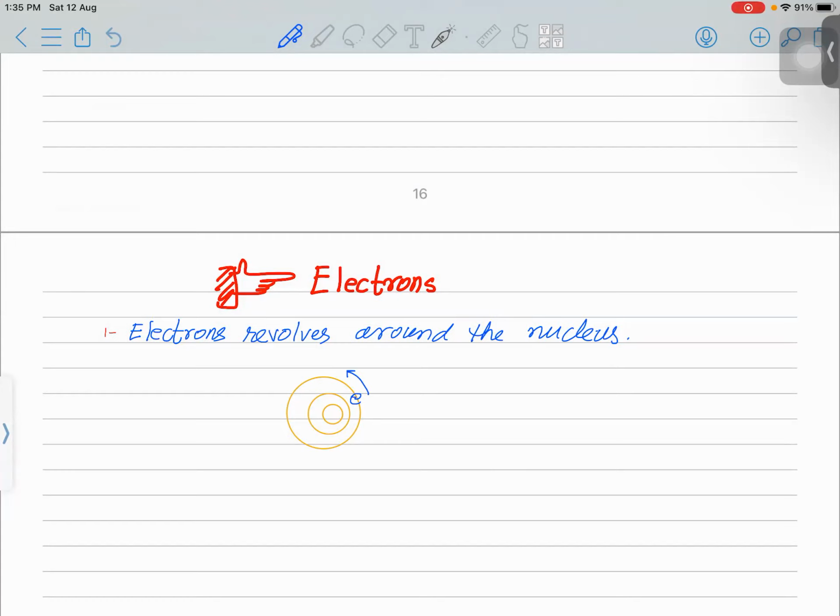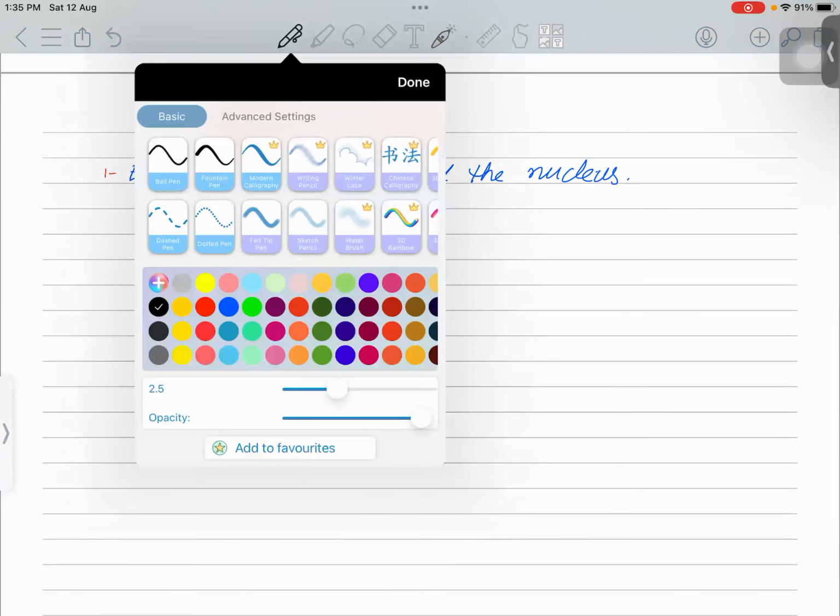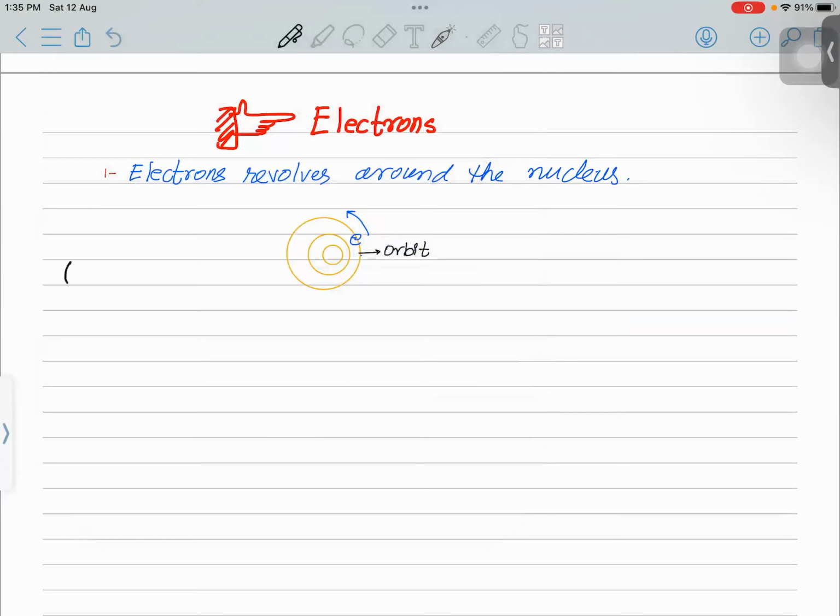This is called an orbit. Now I am starting with the orbit.